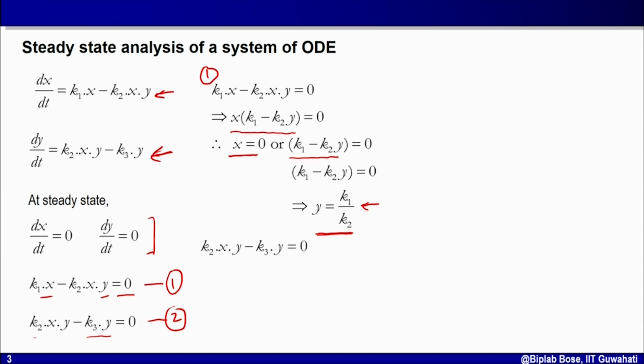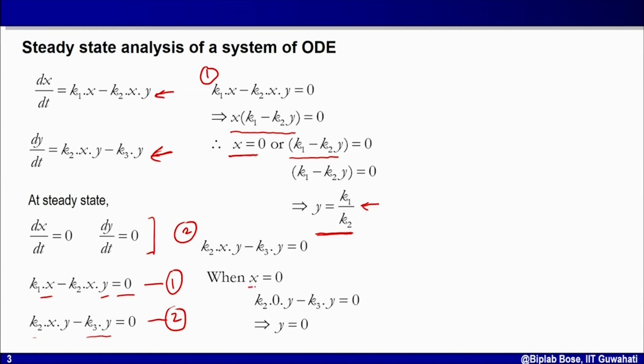The second equation is k2 xy minus k3 y equal to 0. Let us consider when x equal to 0. If x equal to 0, this second equation becomes k2 into 0 into y minus k3 y equal to 0. That means y is equal to 0.